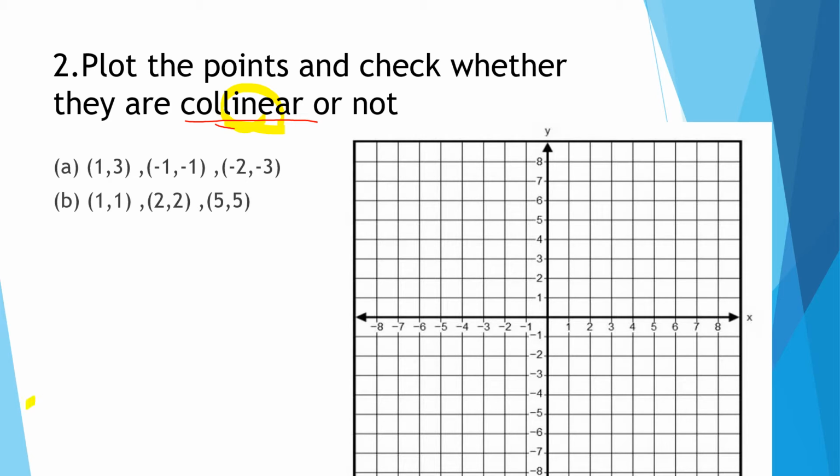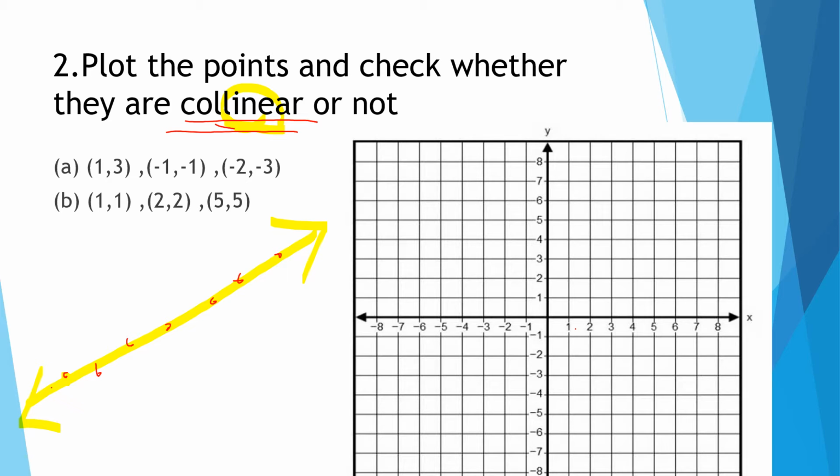I hope now this is clear. A line consists of infinitely many points. So the points which lie on the same straight line are known as collinear points. Remember this fact.